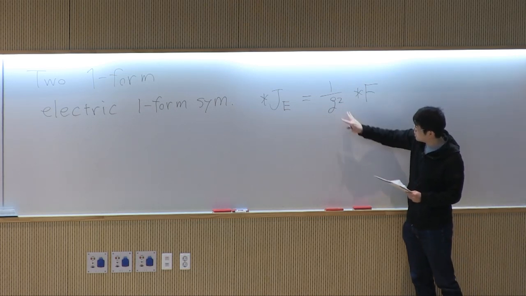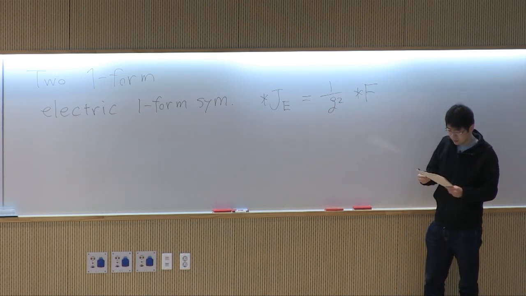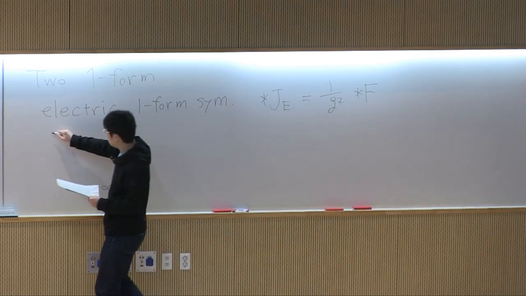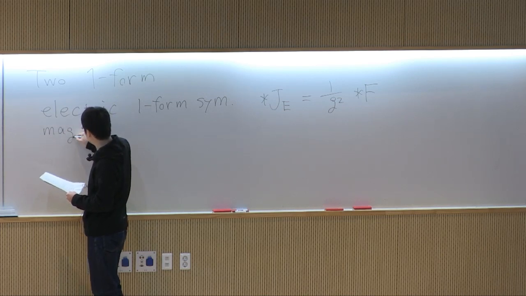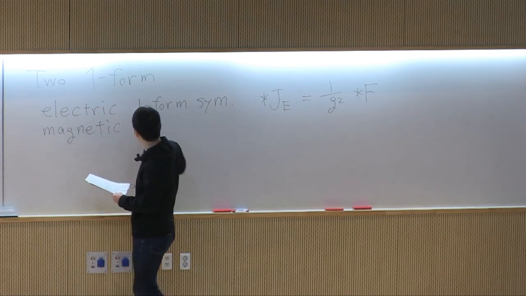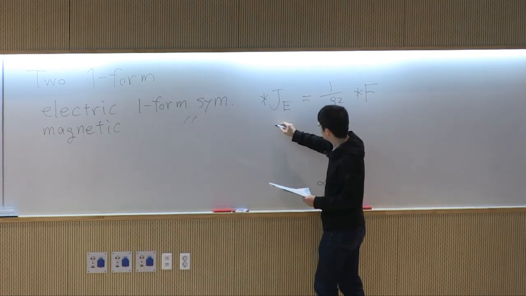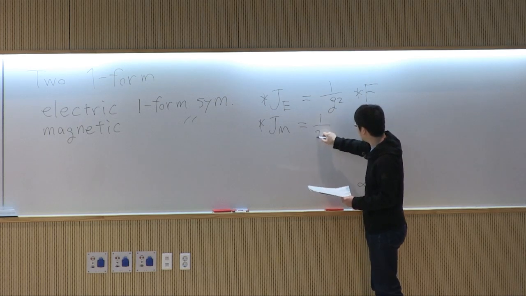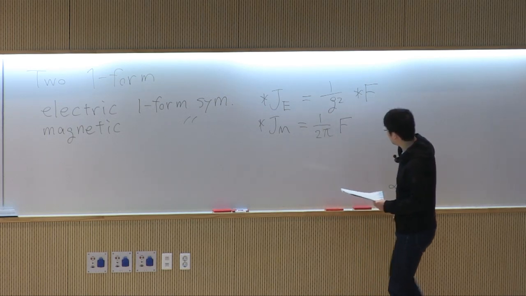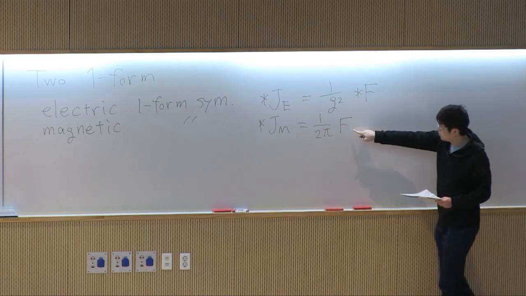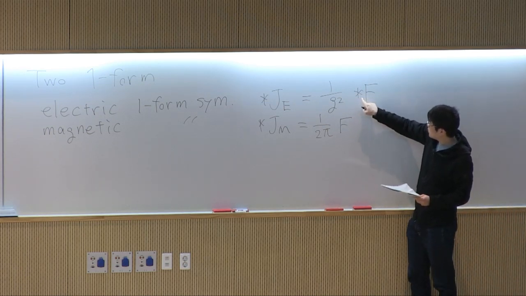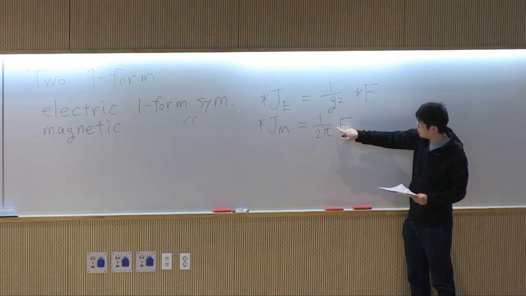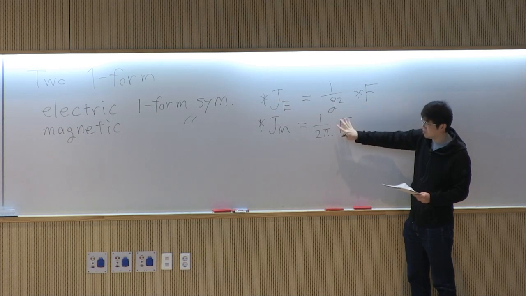The reason that I put this will be clear in a moment. Another symmetry is the magnetic one-form symmetry. The conserved current for the magnetic one-form symmetry is given by 1 over 2 pi times F. So for the electric one-form symmetry, we take the Hodge dual, and for the magnetic one-form symmetry, we don't take the Hodge dual. The F itself comes here.